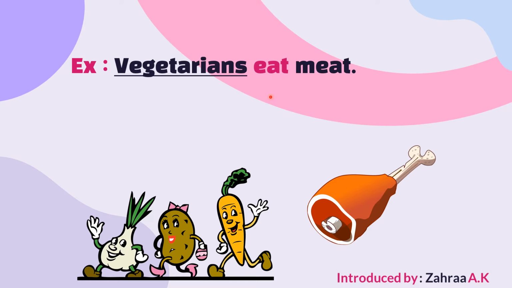The first thing we notice in the present simple tense is the subject. Since the subject, vegetarians, is plural, we also have the plural -s sign, and the main verb is without the third person singular -s since the subject is plural.